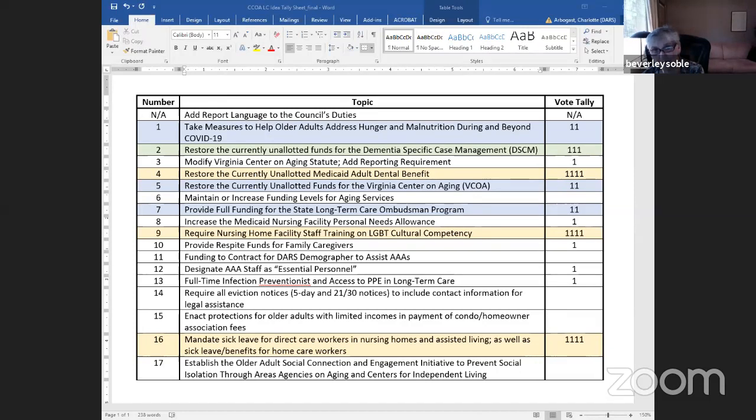Beverly, that's a good question. I think our thoughts were, because assisted living is regulated in a different part of the code with different provisions, that it's not any less important, but that we wanted to focus on this as a first step. But I certainly see your point that assisted living workers are just as critical to get cultural competency training. I'm happy to add that.